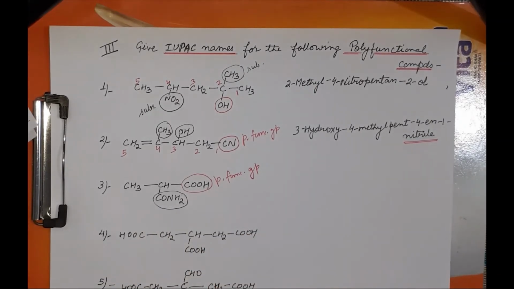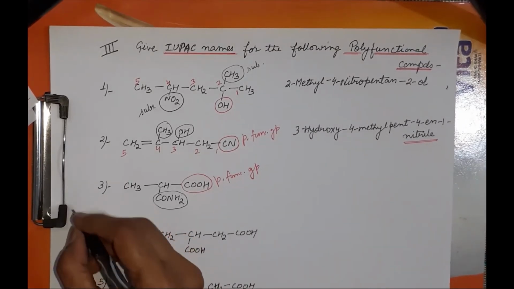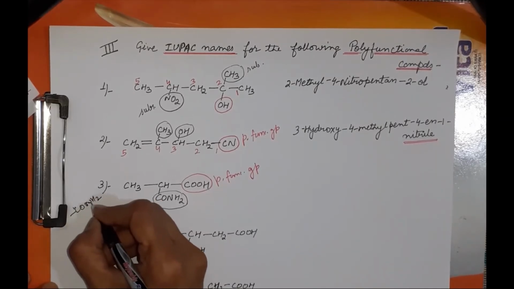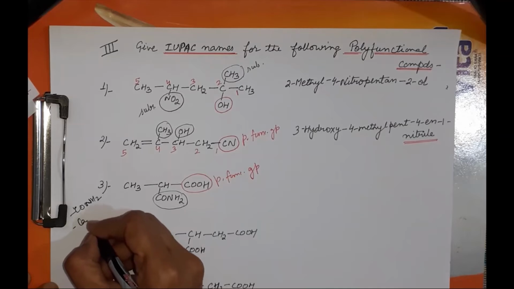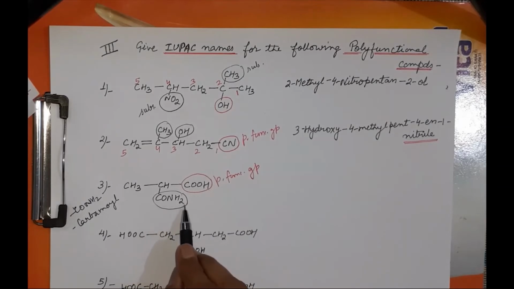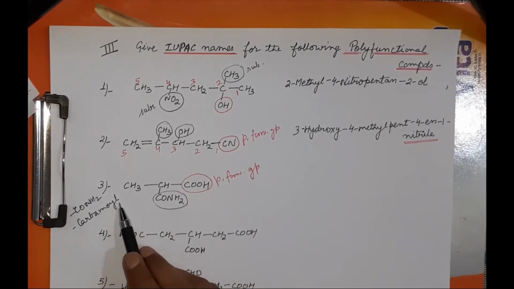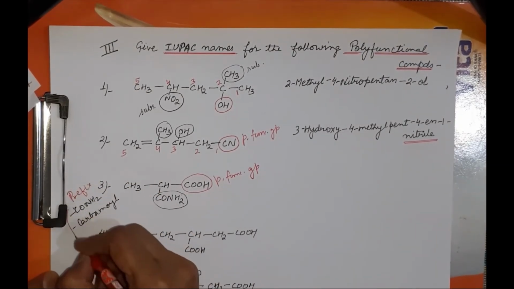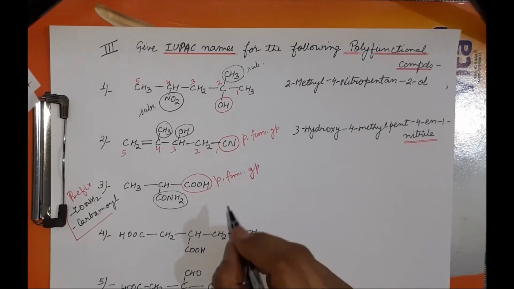Here there is one thing to note, that whenever this CONH2 amide group is present as the substituent, it is written in the form of prefix, and this CONH2 is written as carbamoyl. So this we have to remember.